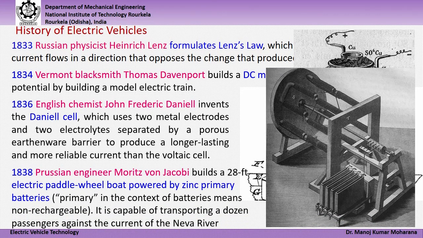In 1838, a Prussian engineer von Jacobi built a 28 feet electric paddle wheel boat powered by zinc batteries. This was capable of transporting around a dozen passengers against the current of the river Neva.